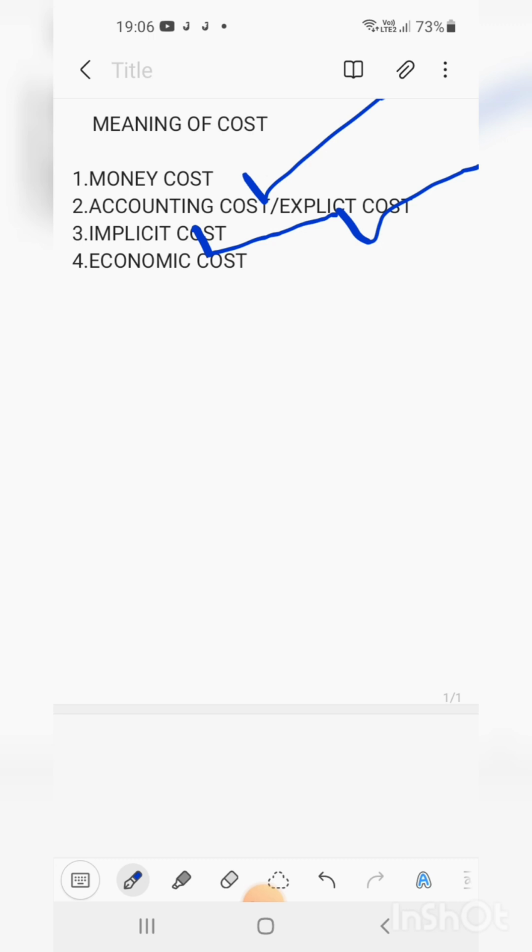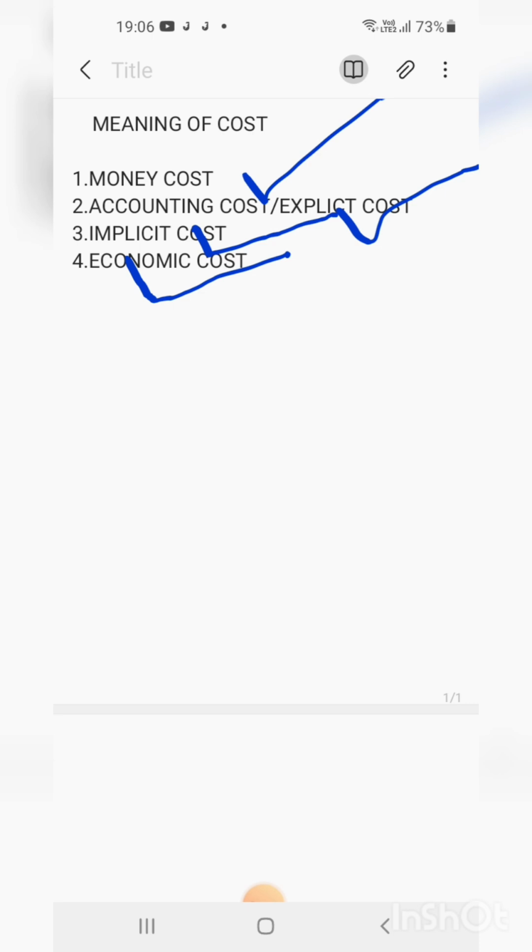Then I will discuss economic costs. Economic costs include both accounting or explicit costs and implicit costs.